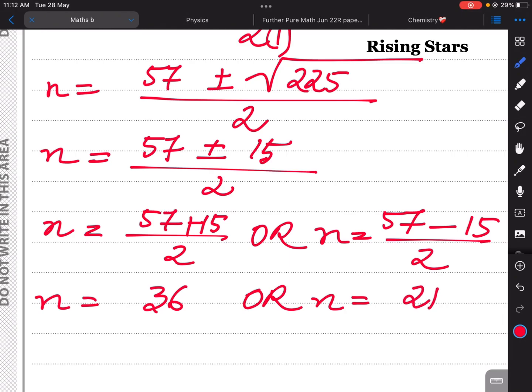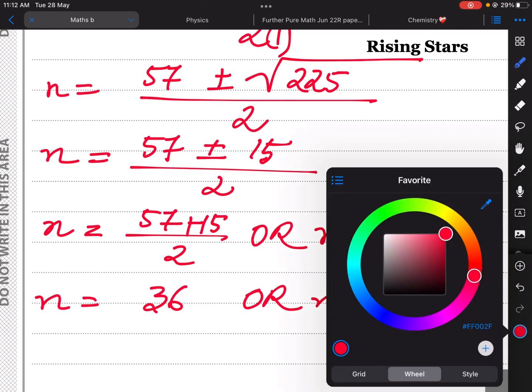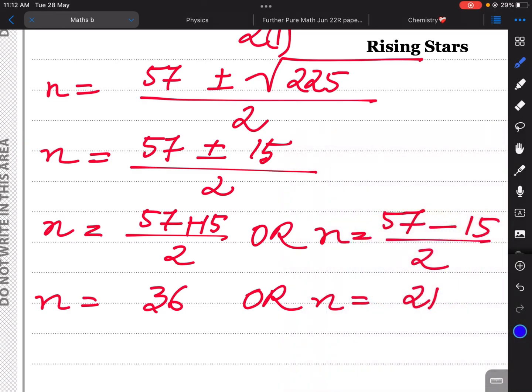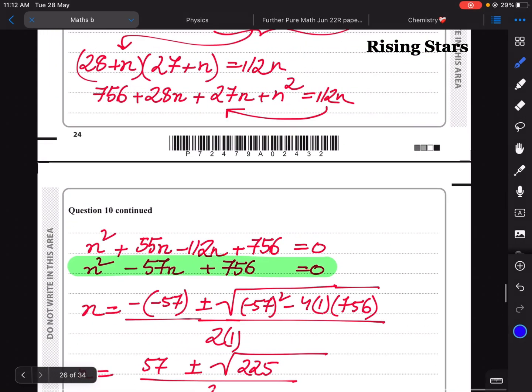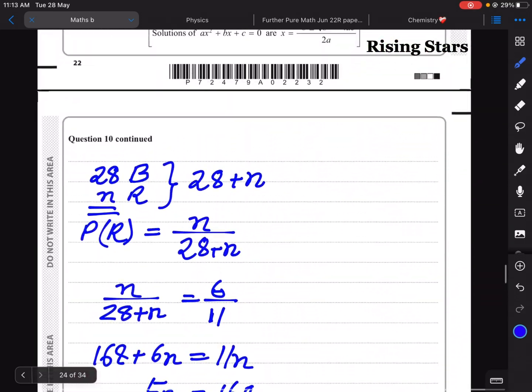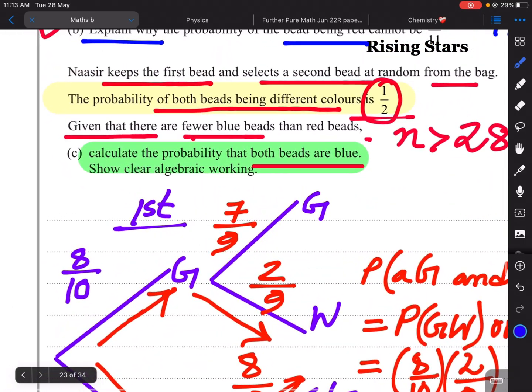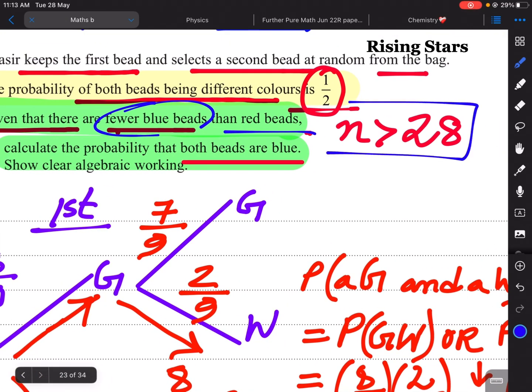So now which one do we take? The $1 million decision is this: I showed all the steps, but now which value of n do we conclude? Remember, the question said at the start, given that there are fewer blue bits than red bits. Fewer blue bits means more red bits. In other words, the n value must be greater than 28.